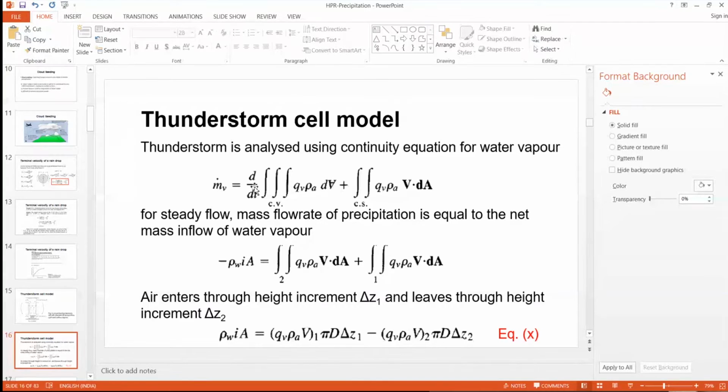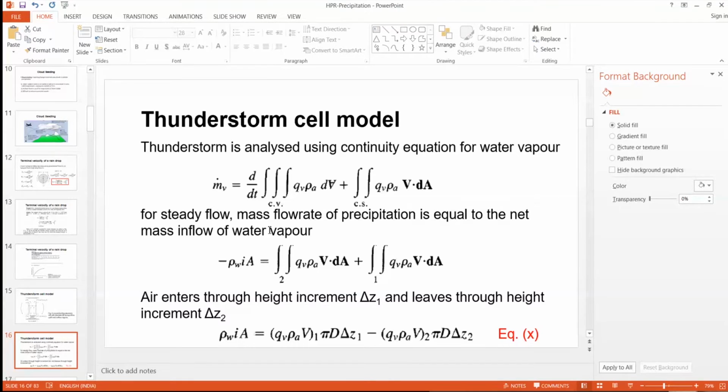So this is the basic equation. For steady flow, the precipitation is equal to the net inflow of water vapor.